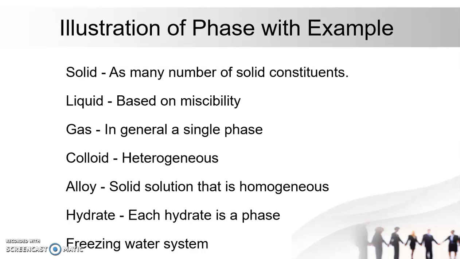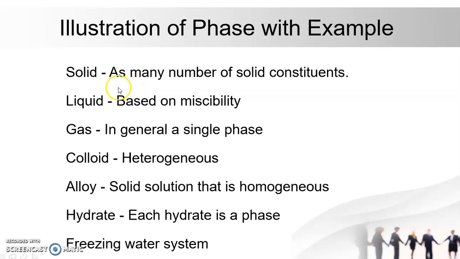So in this heterogeneous system, the number of phases is 2, since the two constituents present are solids. A heterogeneous mixture of solids consists of as many phases as the number of solid substances in the mixture. So the number of phases in this case is 2.